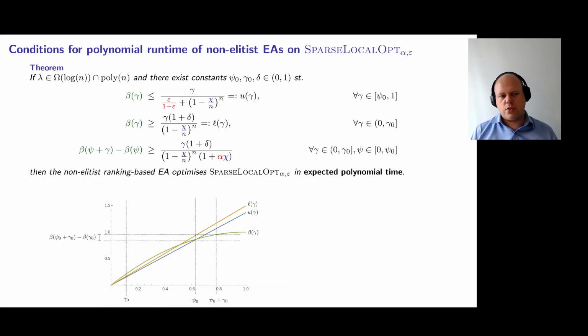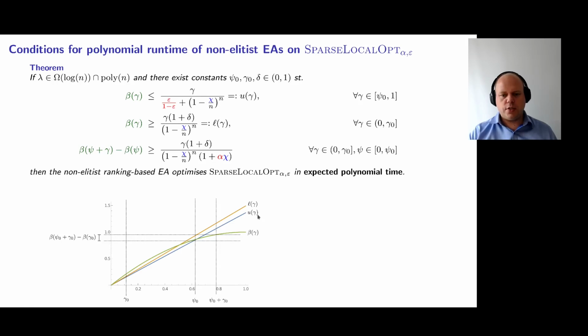As a second result of this paper, we will see sufficient conditions where non-elitist algorithms are efficient on this sparse local opt problem class for a wide range of alpha and epsilon. The first condition says that there should exist some psi naught such that for any gamma above psi naught, beta of gamma is less than this function U of gamma. That's something that depends on epsilon and the mutation rate.